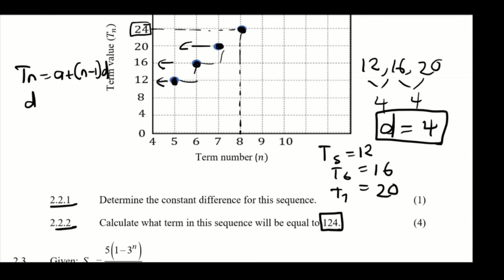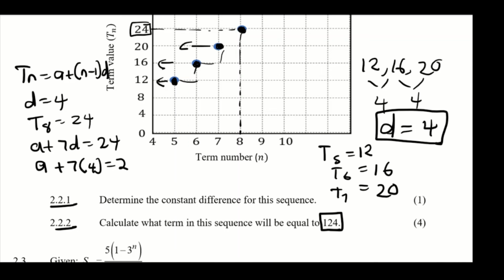We know that d is equal to 4, and to find the difference we can use any term. We were told that term number 8 is equal to 24, so T8 is equal to a plus 7d is equal to 24. To find the value of a, we say a plus 7, our d is 4, equals 24.